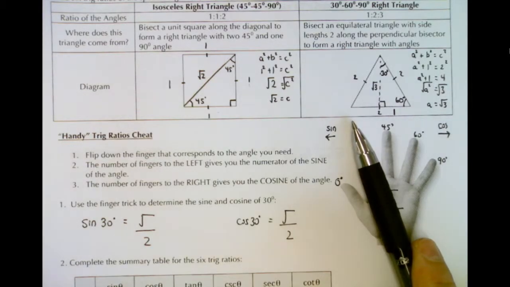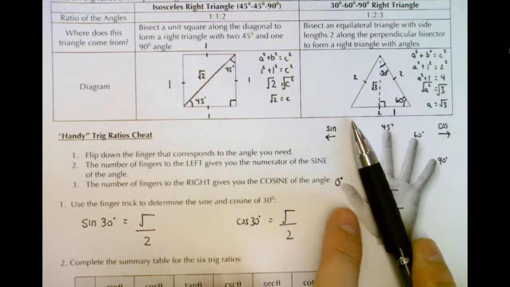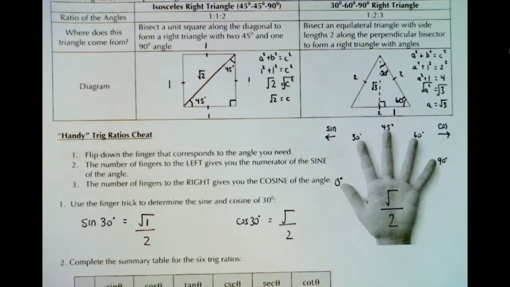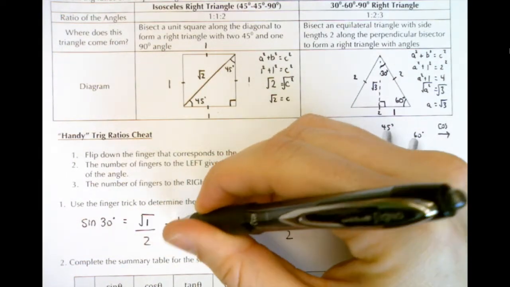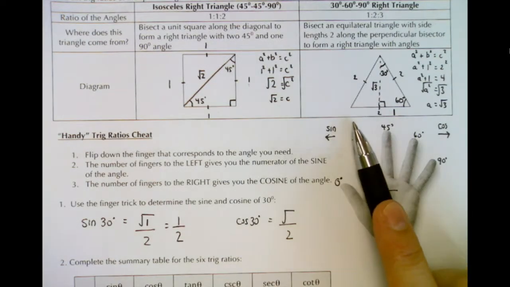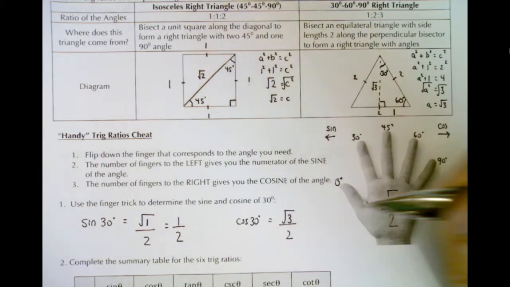The number of fingers that are still up to the left tell you what the numerator on sine is. So for sine 30, the number of fingers that are still up is 1. So sine 30 is root 1 over 2, which can be simplified because the square root of 1 is 1, so 1 over 2. Cosine, if we cover up 30, we'd have 3 fingers up to the right. So it would be root 3 over 2.